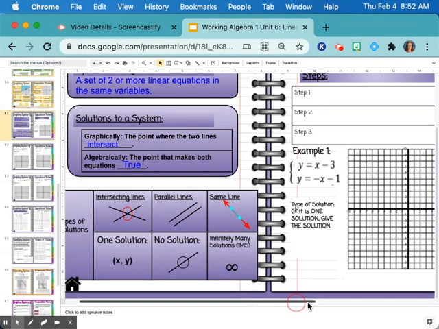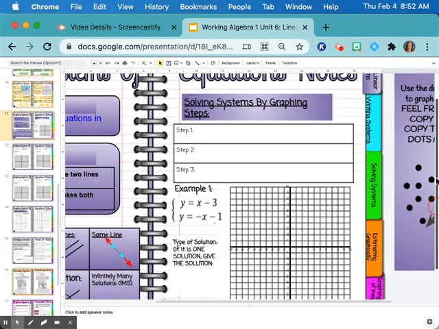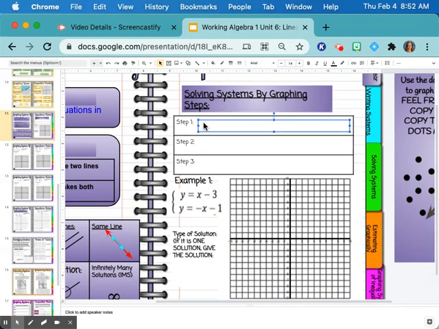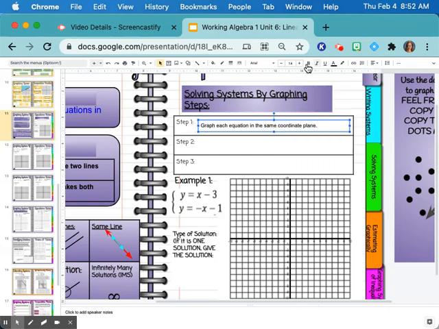So let's talk about the steps for graphing systems. So solving systems of equations by graphing. Step 1, graph each equation in the same coordinate plane, on the same graph.